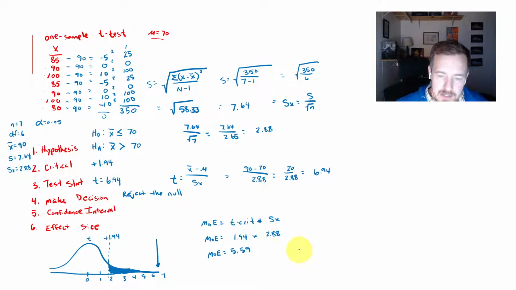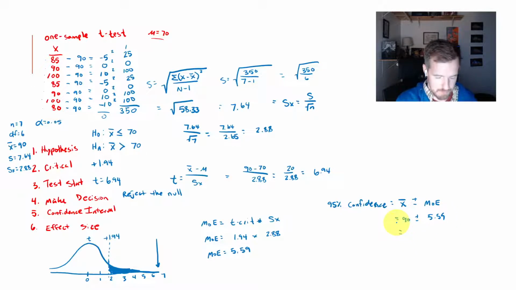So we're going to take 90, because for the 95% confidence interval, actually let me write this down here. The way that we get that number is we take the sample mean and we add and subtract the margin of error. And we already have those values, right? So that's going to be equal to 90 plus or minus MOE, which is 5.59, which is going to give me 84.41, comma, 90.59.